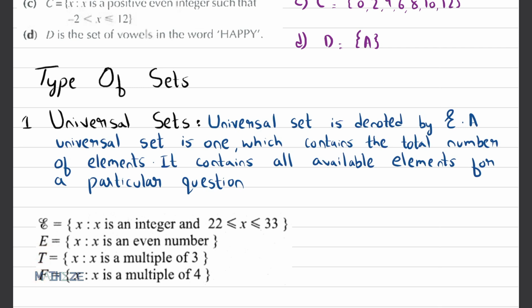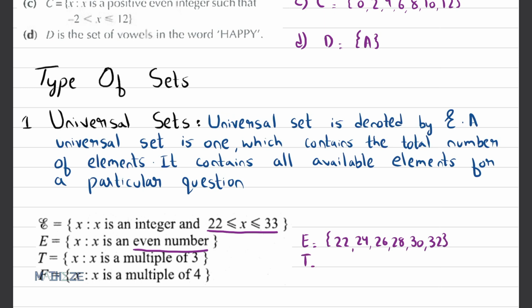Let's begin. What's set E, guys? It's even numbers. What are even numbers? It's between 22 and 33, right? It's 22, 24, 26, 28, 30, and 32.